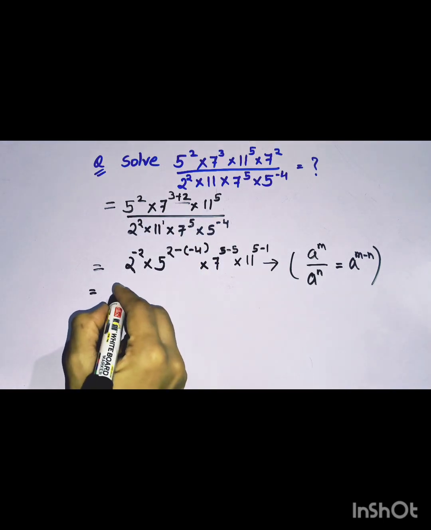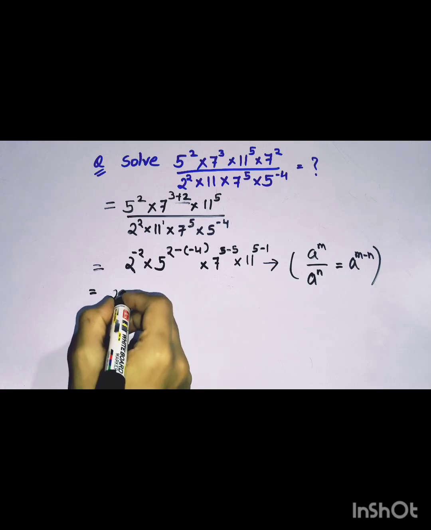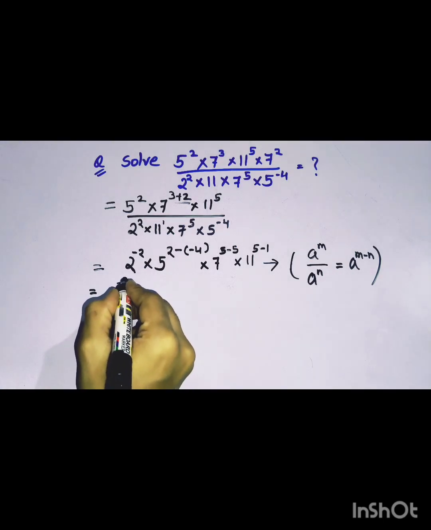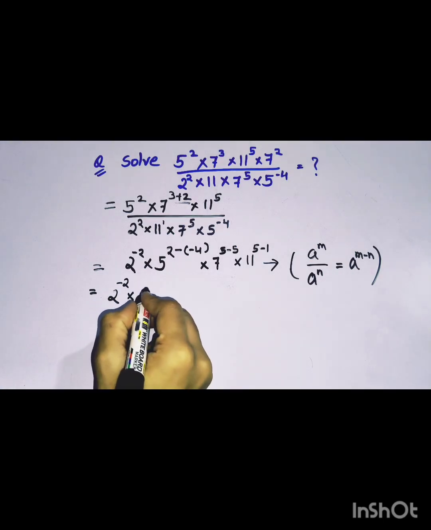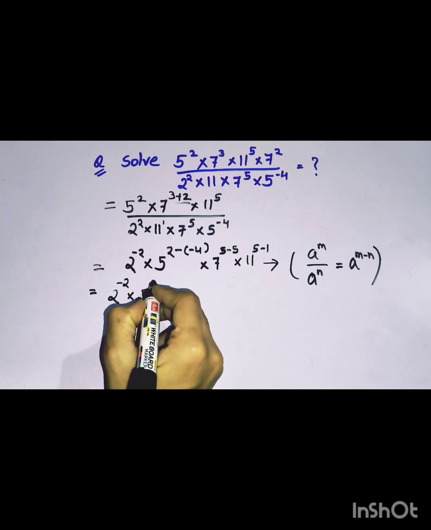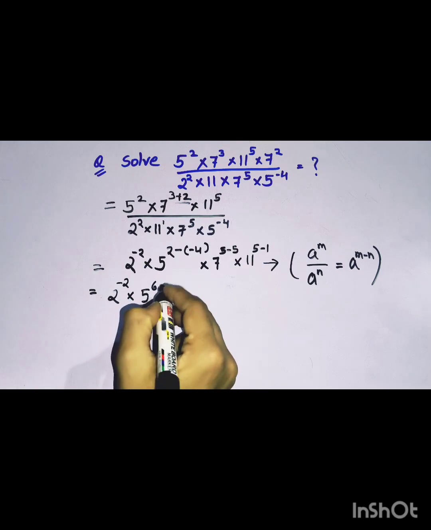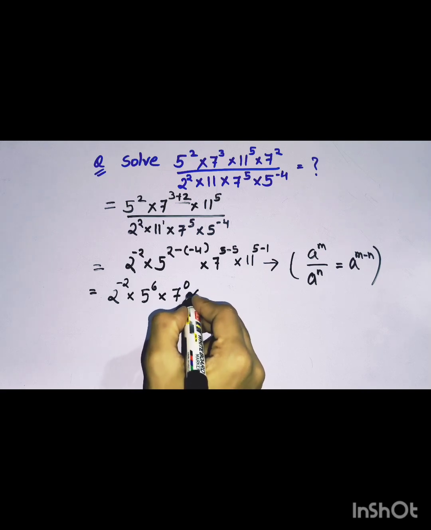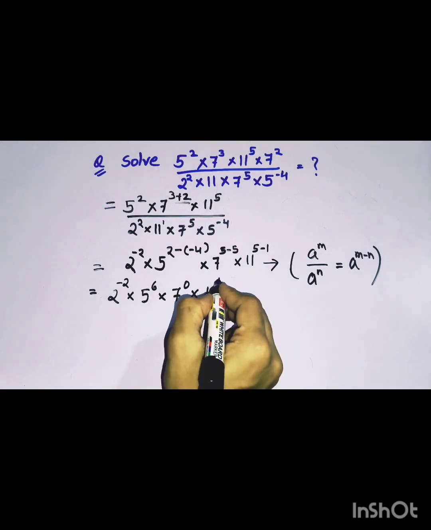So 2 to the power minus 2 into 5 to the power 6 into 7 to the power 0 into 11 to the power 4.